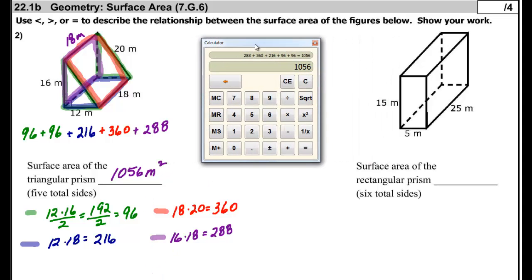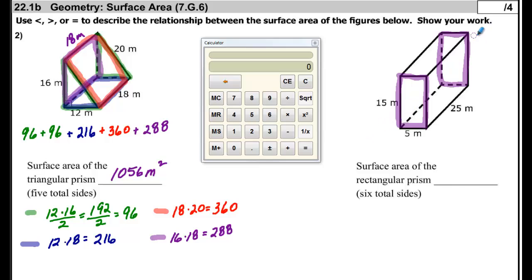Okay, let's go ahead and look at our rectangular prism, our 6-sided rectangular prism. Now, the nice thing about a rectangular prism is even though there are more sides, they pair up. So when we do this rectangular prism and we do the front of it, we're also getting the back.